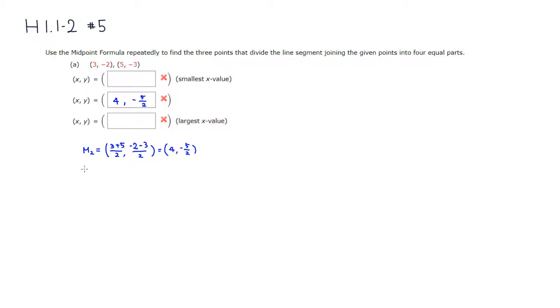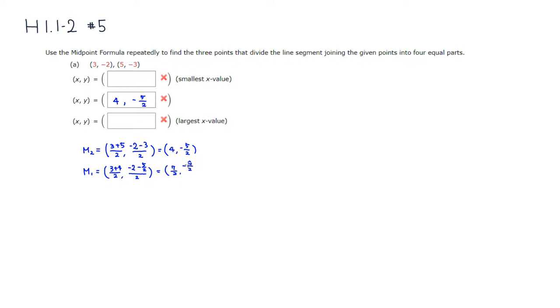I'm going to call this one M1. So we have 3 plus 4 over 2, and then negative 2 plus negative 5 over 2, and then we have to divide by 2. This is going to be equal to 7 over 2, comma, and negative 2 is negative 4 over 2, so it's negative 9 over 2 over 2.